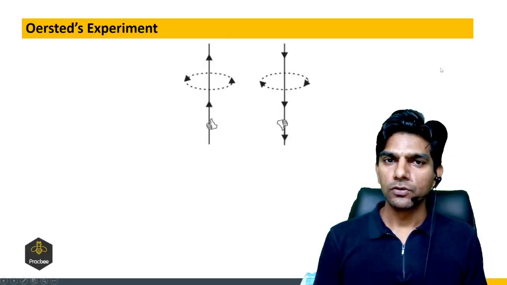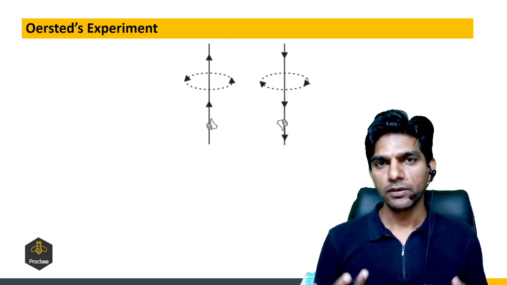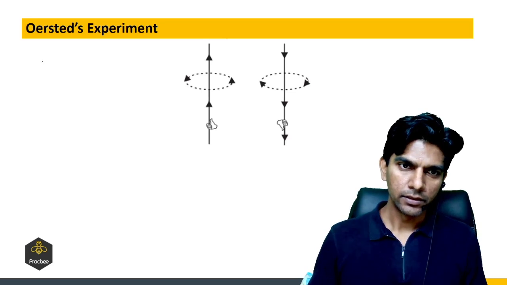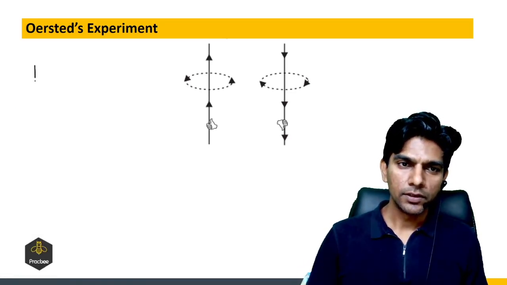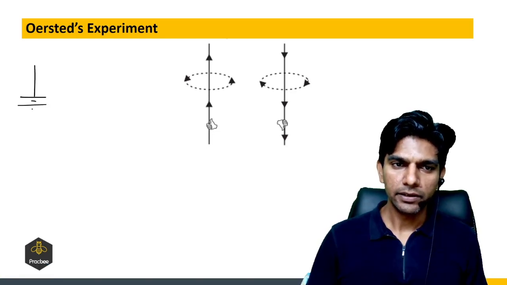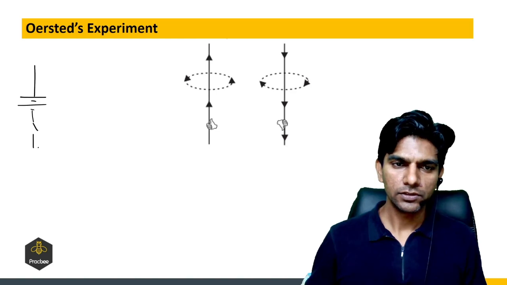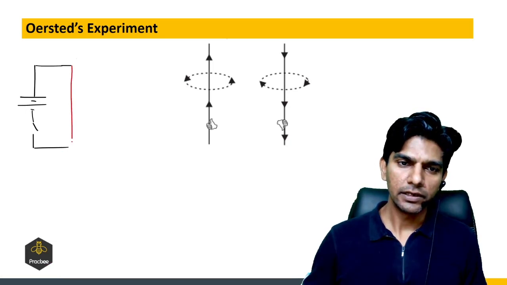Right, so what is Oersted experiment? With the help of this experiment, Oersted was able to figure out that if there is a current carrying conductor, it can deflect a compass needle. So let us see the setup. We have a battery, and this battery is connected with a switch. There is a switch, and we have a wire like this.